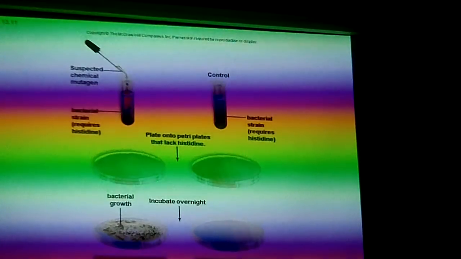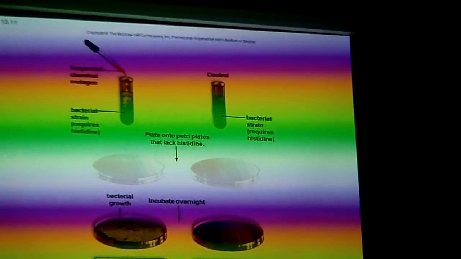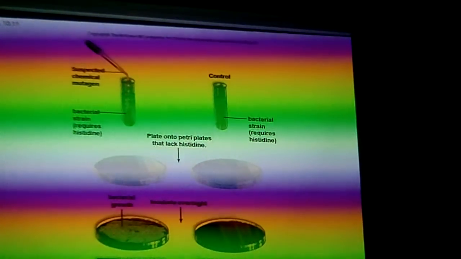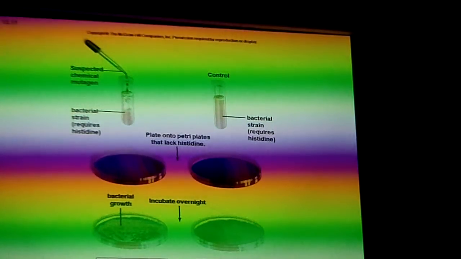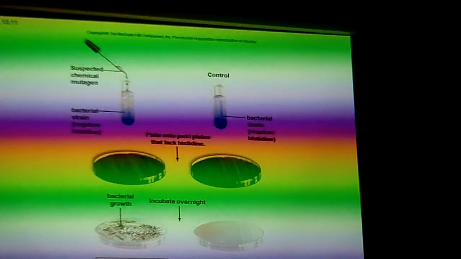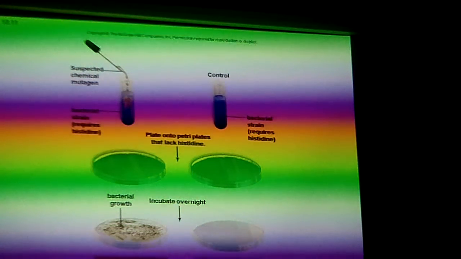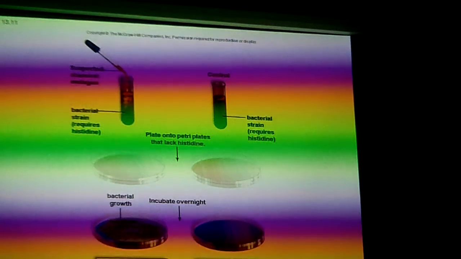No, it's after this. Okay. It starts on page 247, 248. Basically, a mutation is when something happens to the DNA where the right base isn't in the proper place.